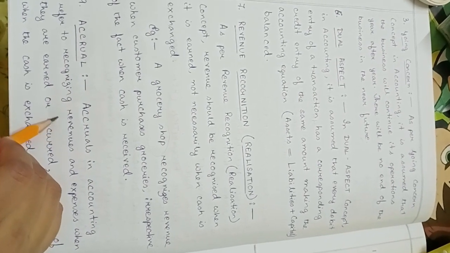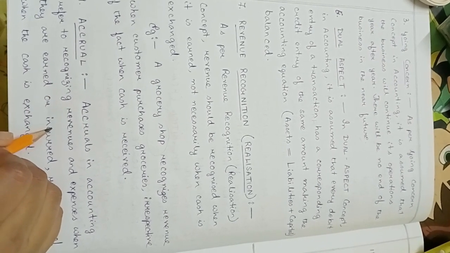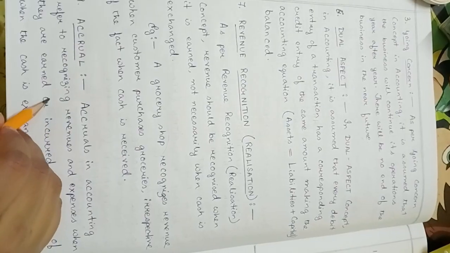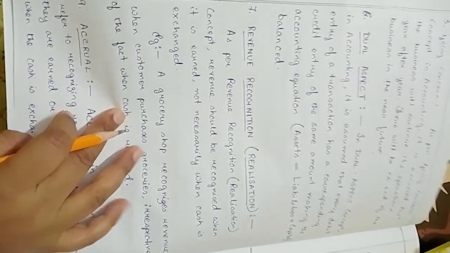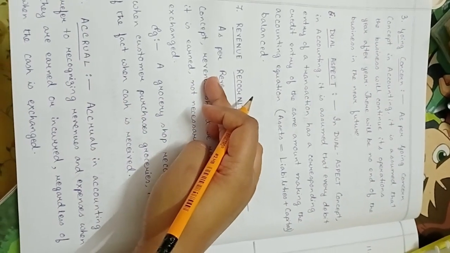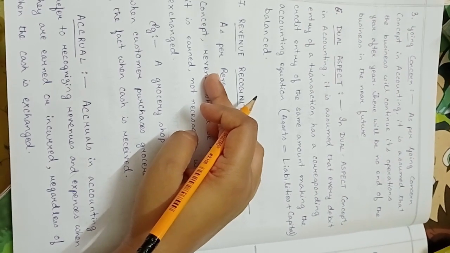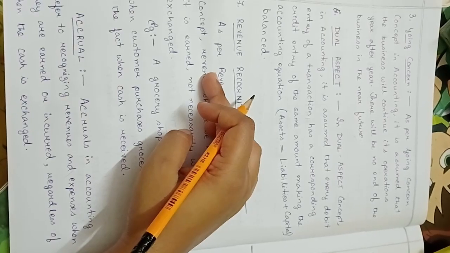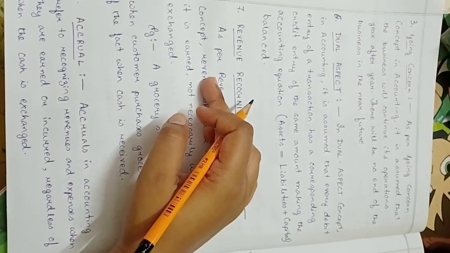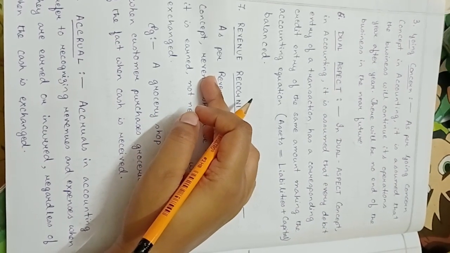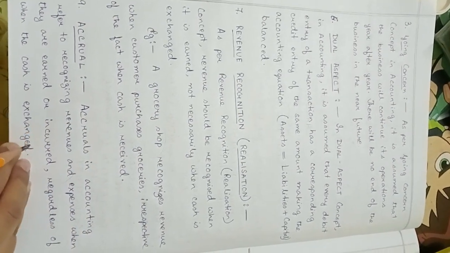Revenues are recorded when they are recognized, and expenses are recorded when they are incurred, regardless of when the cash is exchanged. Even if the cash is exchanged in future, in the accounting period when the revenue and expenses are recognized, they are to be recorded in the financial statements. Got it?